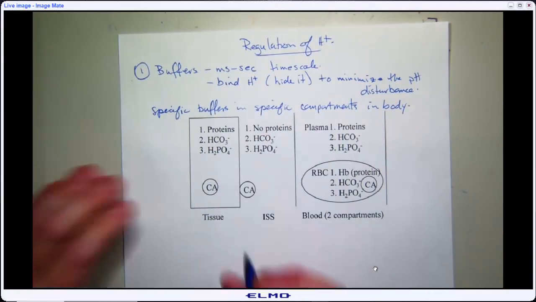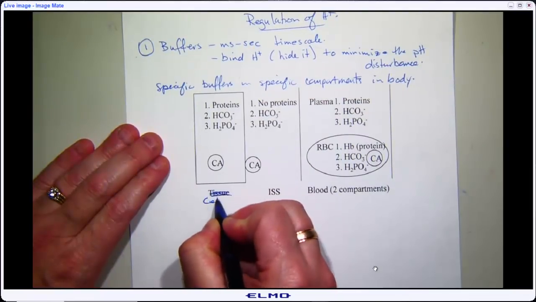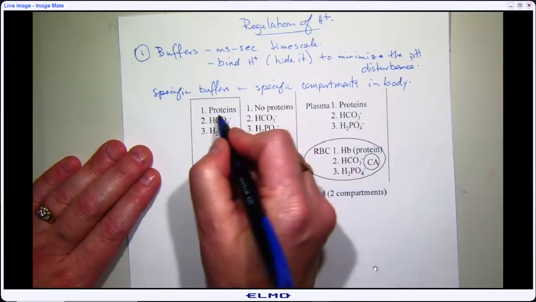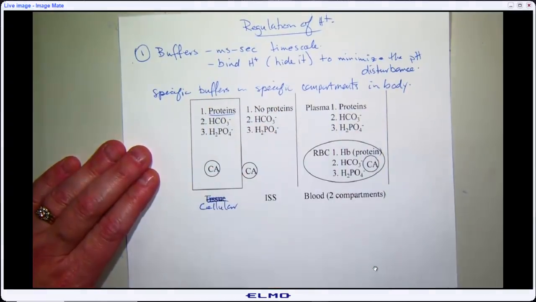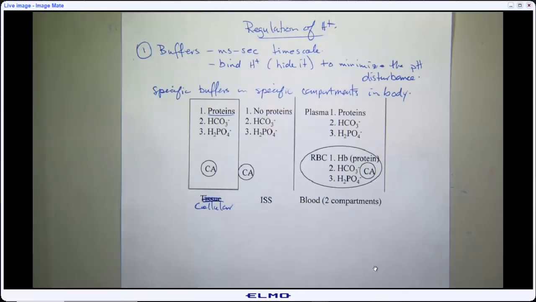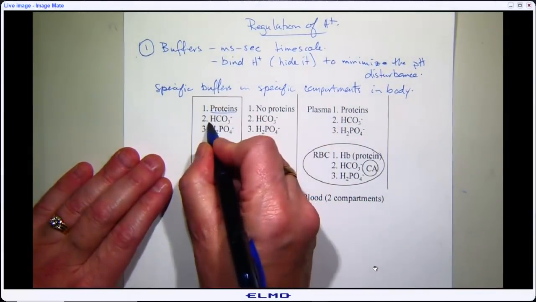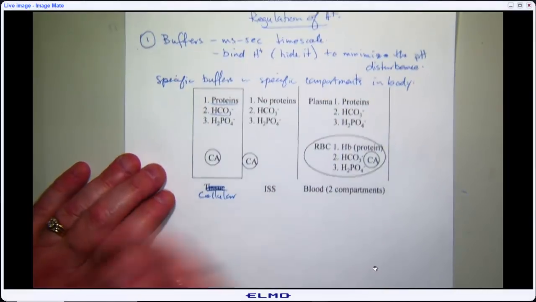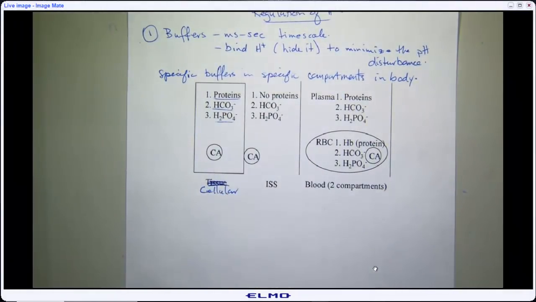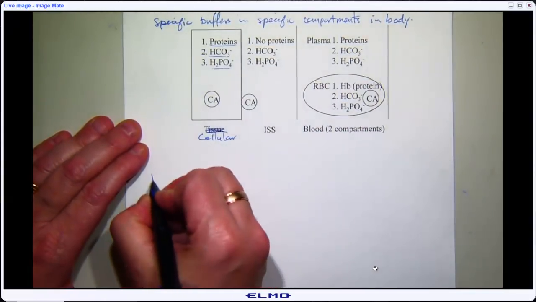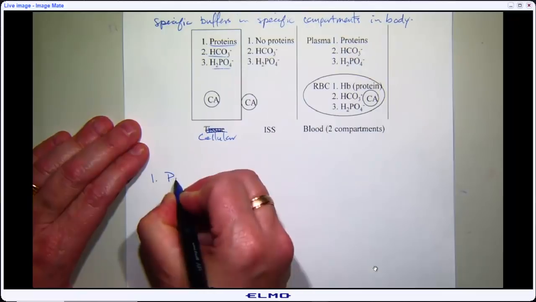Okay, so for instance, if we look at the cellular level, inside a cell, we will have proteins that can bind that hydrogen ion, and obviously it's not going to change their behavior, so it's okay to bind them to these. Okay, so we have proteins that can bind hydrogen ion, we have bicarb that can bind hydrogen ion, and we have phosphate buffers.